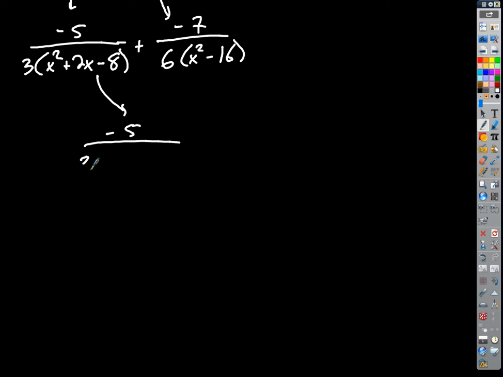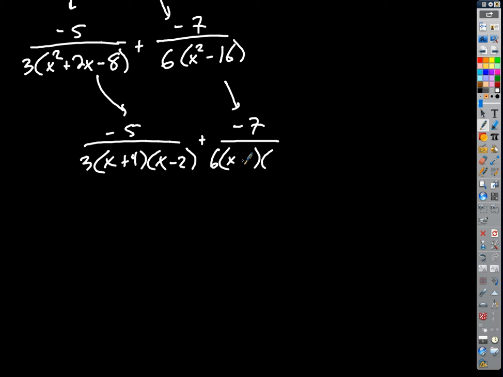So I can break this up into x plus 4, x minus 2. And then this one I can break up on the bottom into what? x minus 4, x plus 4.